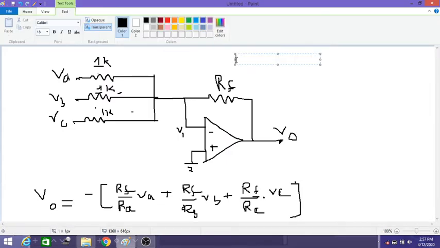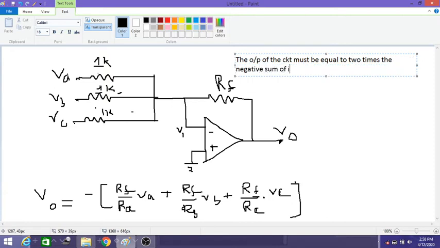So let me write that here: the output of the circuit must be equal to 2 times the negative sum of inputs. So what does this mean? Let us take VA, VB and VC as our inputs.